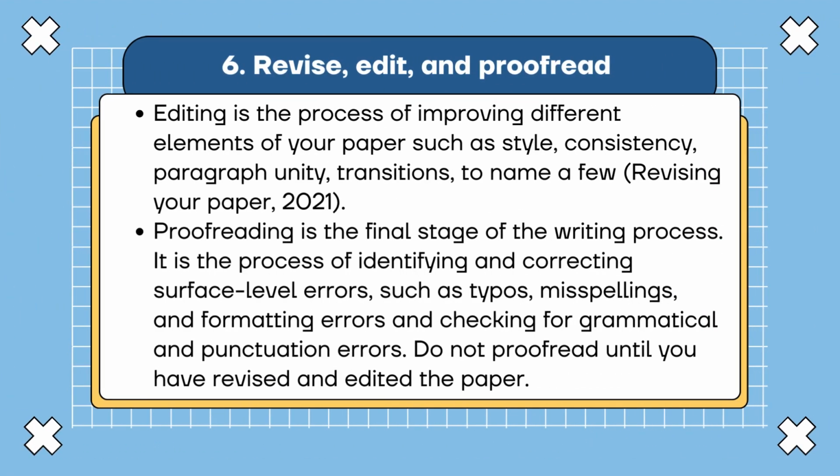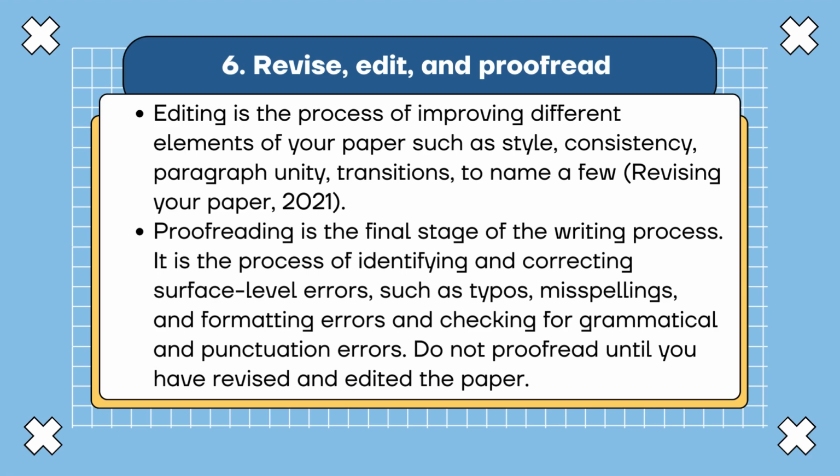Editing is the process of improving different elements of your paper such as style, consistency, paragraph unity, transitions, to name a few. And proofreading is the final stage of the writing process. It is the process of identifying and correcting surface level errors such as typos, misspellings, and formatting errors, and checking for grammatical and punctuation errors.